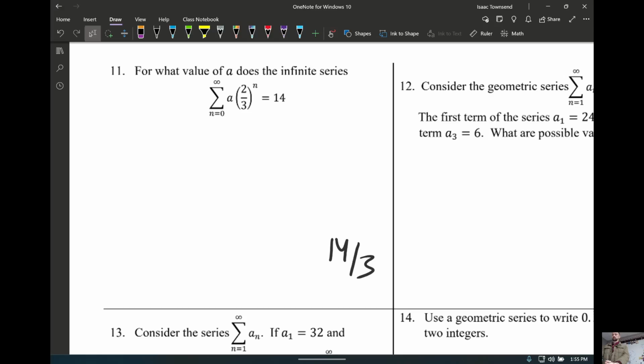I don't know. I think it'll work, yeah. It's 14 through 16?